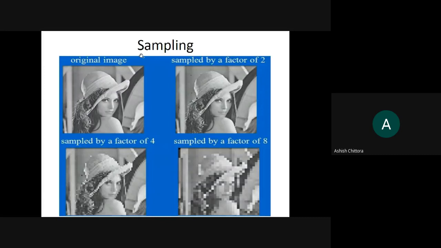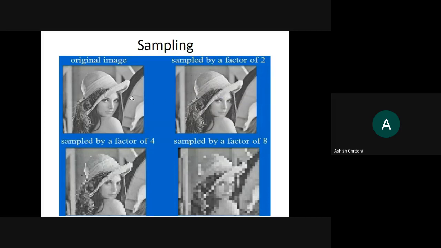This next slide represents the sampling information, how sampling affects the image. If you are representing the image on the same size of display, it is sampled by a factor of 8. On the top left there is the original image, and it is sampled by a factor of 2. Suppose this original image is of size 256 cross 256 pixels, and it is captured by a sensor having only 128 cross 128 sensors.